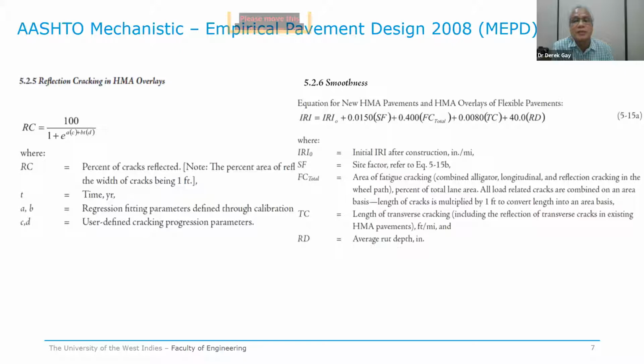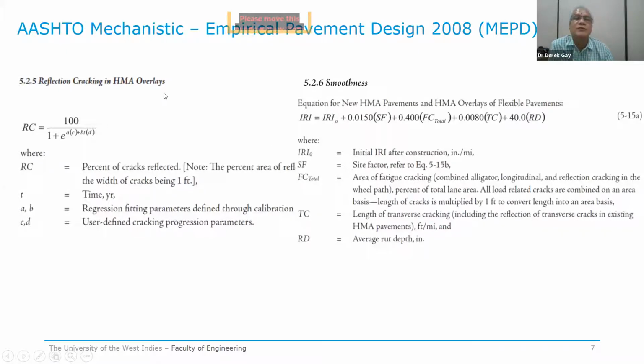Some fairly sophisticated measures. I did do some research on the type of testing you would be required if you had to adopt the full mechanistic measure, and I will say straight off that the cost of creating a lab to develop some of these parameters could be prohibitive for us down here in the Caribbean.